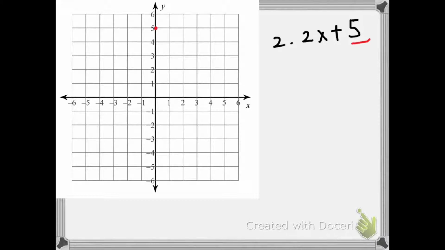I'm actually going to go down 2 since the graph doesn't go up that much. So 1, 2, and then over 1 to the left. And then starting from this point, I'm going to go down 2 again and then over 1 to the left.